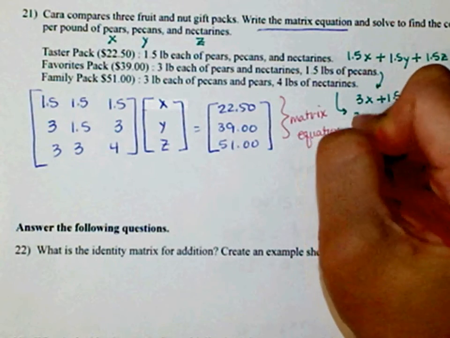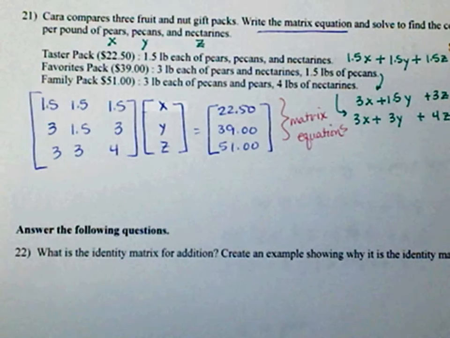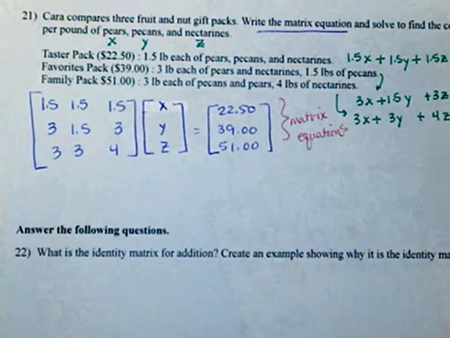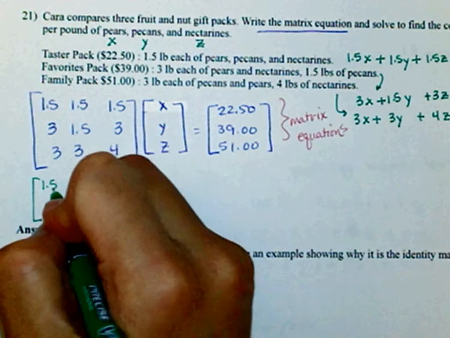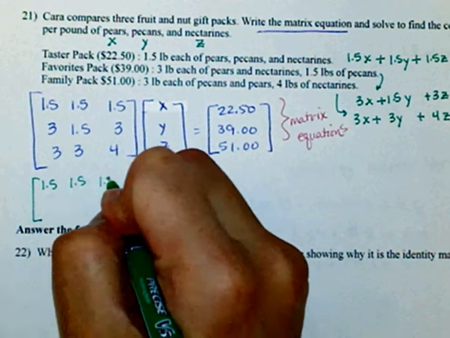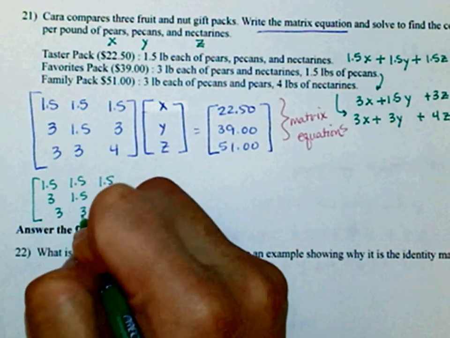All right, equations. Okay, it says solve to find the cost. Well, in order to solve for a matrix, you have to use the inverse. So I'm going to take this number, 1.5, 1.5, 1.5, 3, 1.5, 3, 3, 3, and 4.